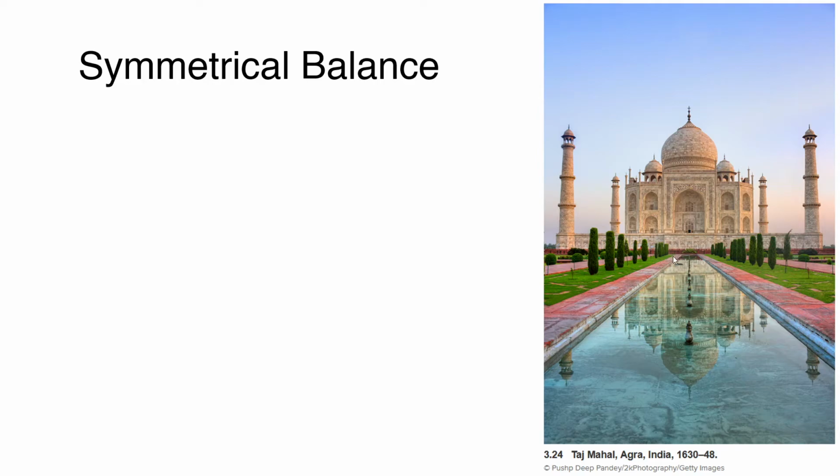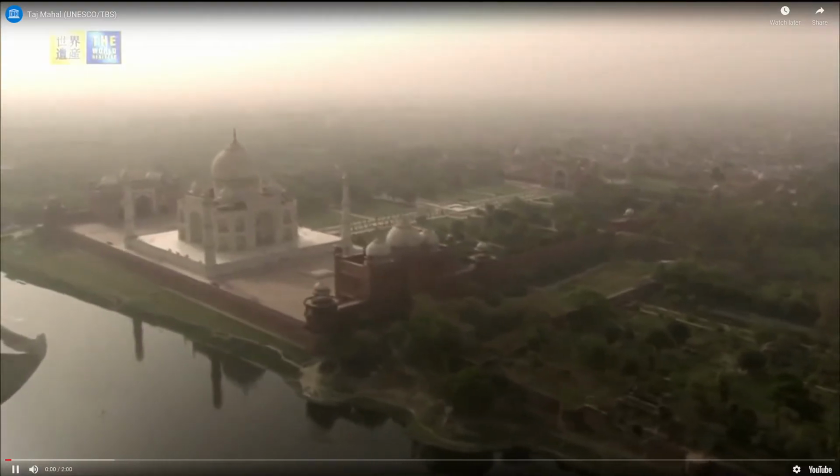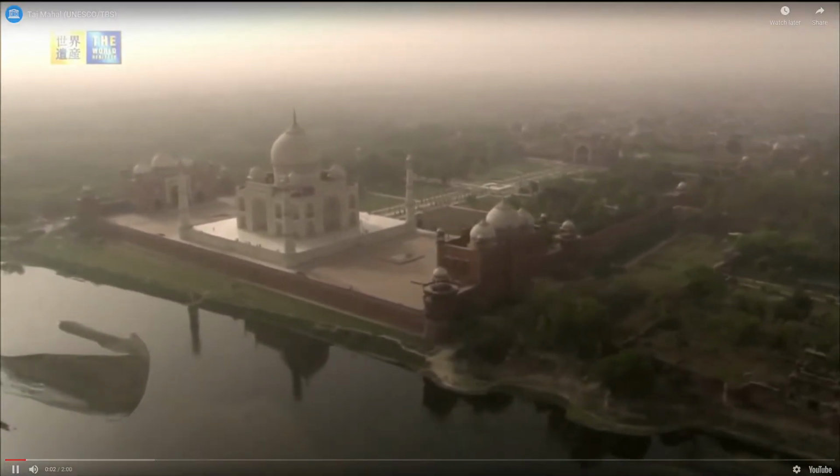And in the reflecting pool, a mirror image appears, making it even more symmetrical. Beautiful work of architecture, worth taking a closer look at. It's located in India.